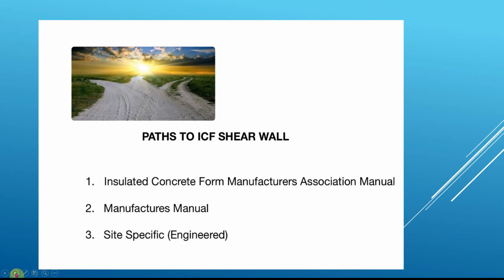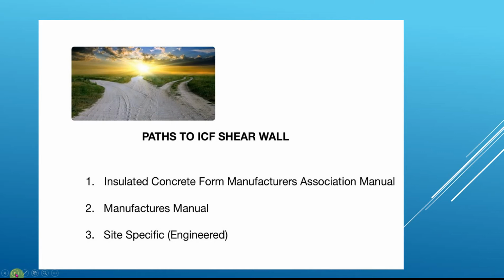Now, when it comes to ICF shear walls, the National Building Code of Canada is out the door. You can't use that one, and I'll explain to you as we go down why you can't use that. Insulated Concrete Forms Manufacturers Association Manual, ICFMA, is the best manual to use, because that's put out by 6 manufacturers of ICF, and they all come with various stamps for your provinces.